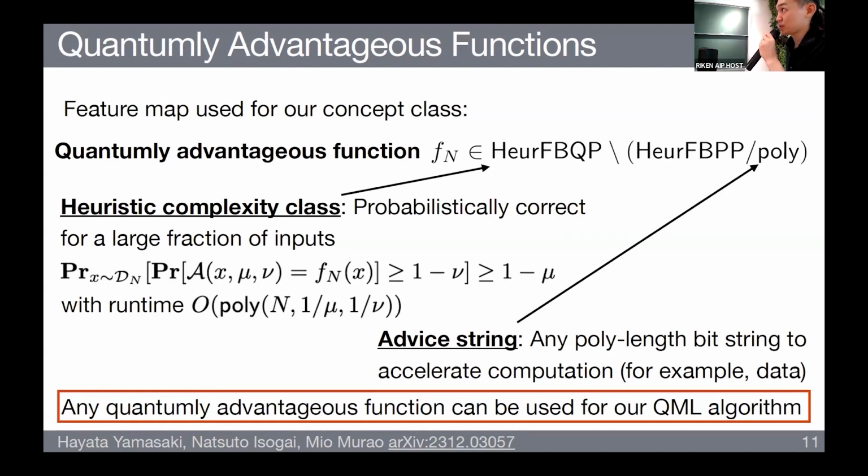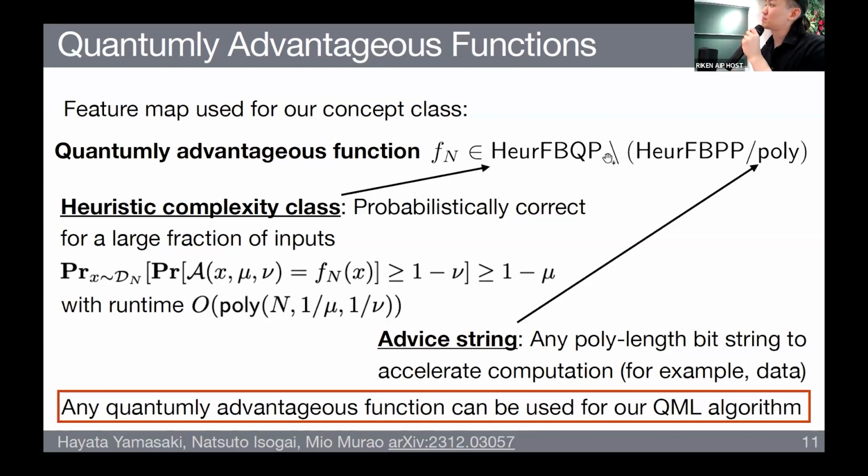Then, as a feature map, we took what we call a quantumly advantageous function. In terms of computational complexity theory, it is represented like this. This part means the function should be computed by quantum computation, but this part means it should not be computed by classical computation, even with the assistance of data.